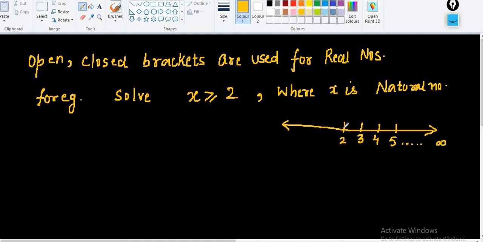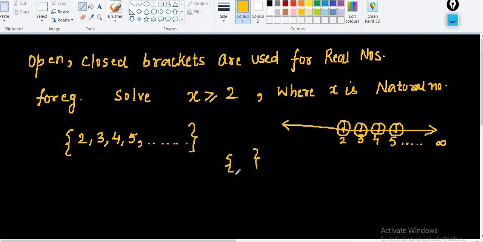So you are getting actually discrete answers. You are not getting a continuous chunk as an answer. So you have different points as your answer. So when x belongs to natural numbers, you will give answers within set brackets. So your answer will be {2, 3, 4, 5, ...}. So why have we used curly brackets? Because here natural numbers are mentioned and real numbers is not mentioned.